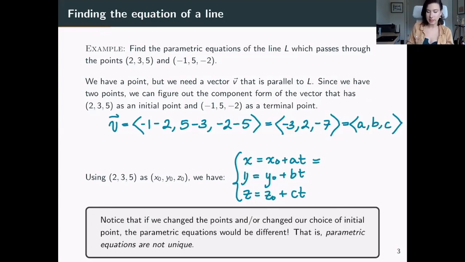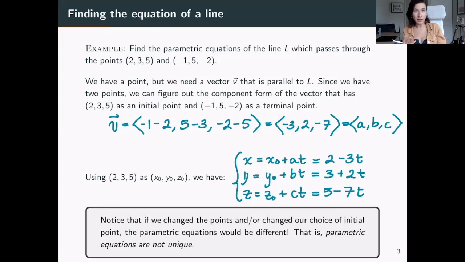In this case, I'm going to say let's set up 2, 3, 5 as our initial point. So my x naught will be 2, and then I'll have minus 3t. My y naught would be 3, and then I would have plus 2t. And lastly, my z naught would be 5, and I would have minus 7t.